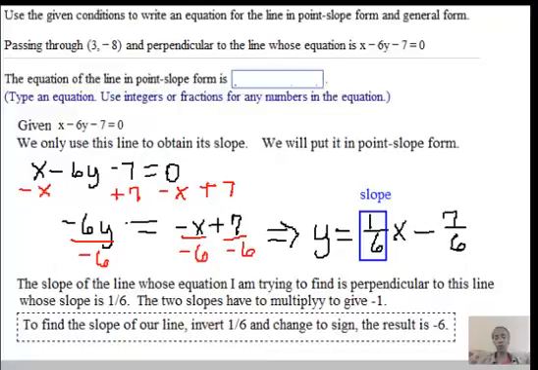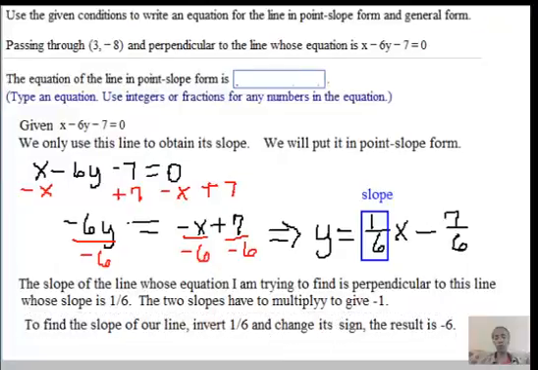The result is negative 6. And that's the general principle. When two lines are perpendicular, if you have the slope of one line, to get the slope of the other, invert the slope that you have and change its sign. And then you'll have the slope of the line which is perpendicular to the one that you have.